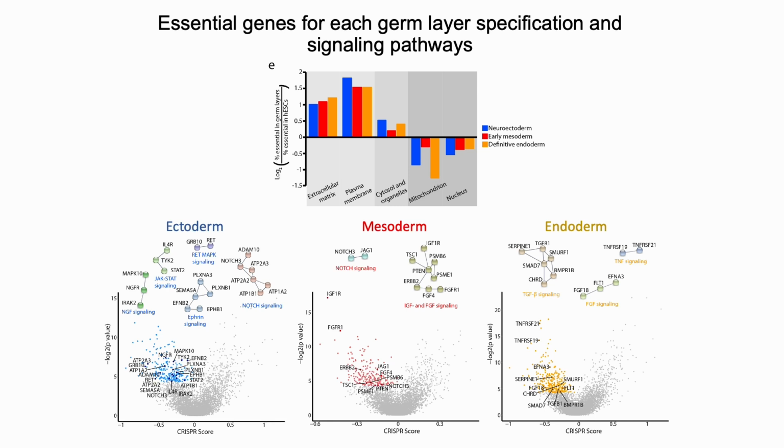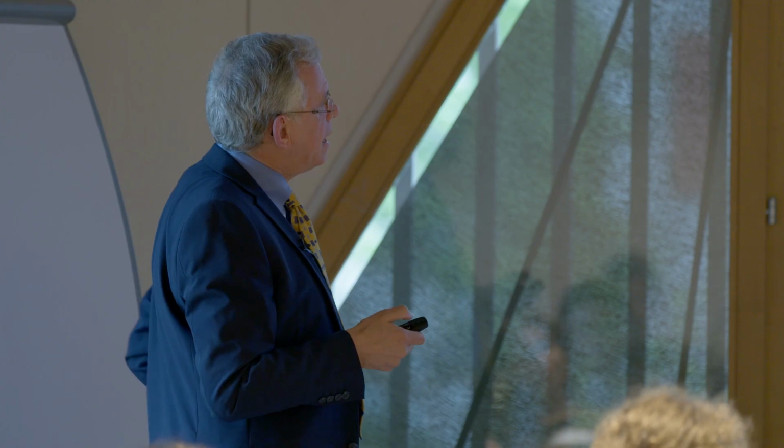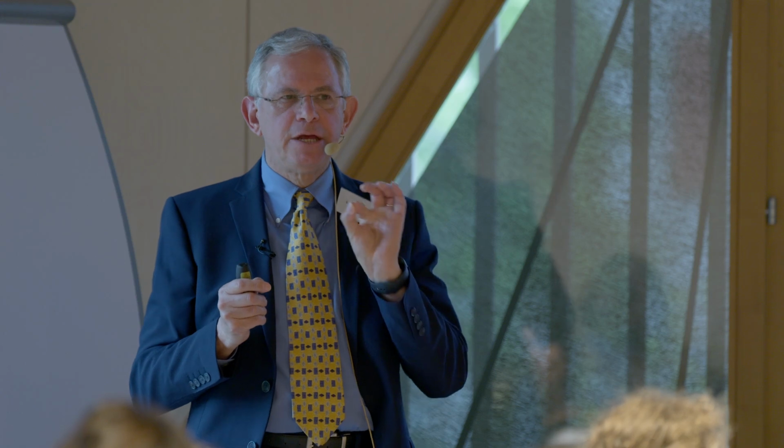And we could really identify the signal transduction pathways that are critical for these embryonic lineages. But another thing that we want to do, and I showed you a little bit about autosomal recessive with growth retardation, but we really want to have an atlas of all genetic disorders and see for each genetic disorder at which stage during development it starts to have phenotypes.